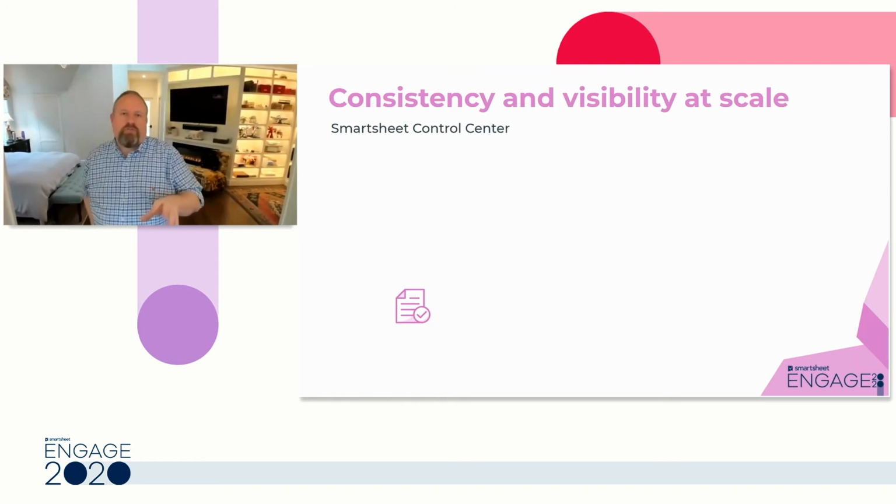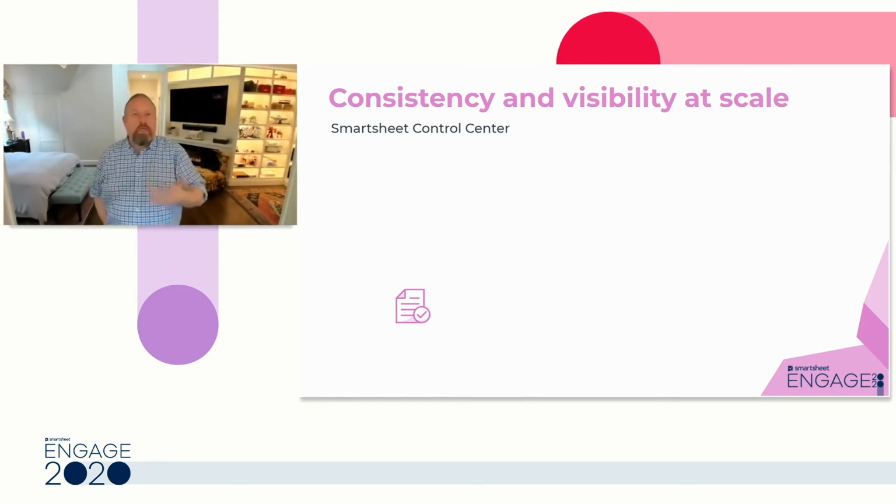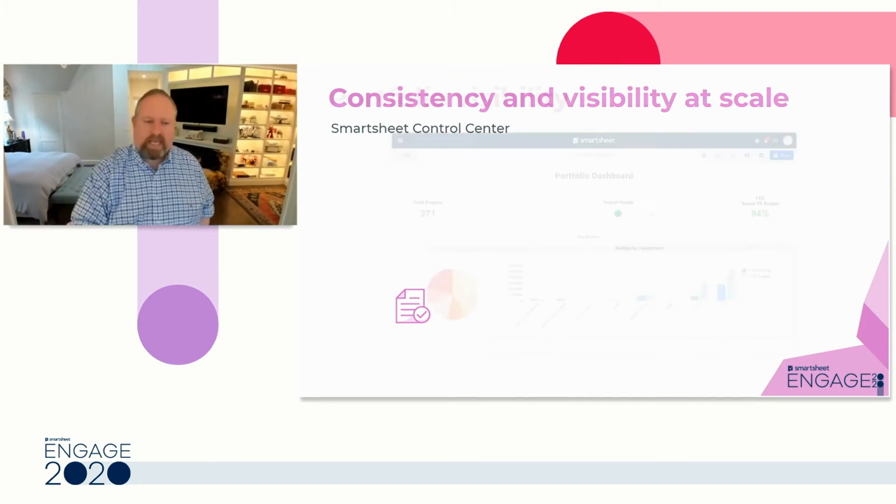So Solution Control Center starts with the notion of a blueprint. And a blueprint is just a definition of a set of assets that make up your process. So maybe it's a project that has a tracking worksheet and a couple of reports to track late tasks and ongoing tasks. A blueprint can define pretty much any kind of repetitive process where you want to have consistency in the way that projects or processes are run, and you need to do that at scale.